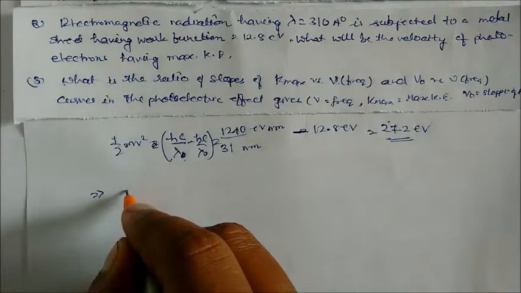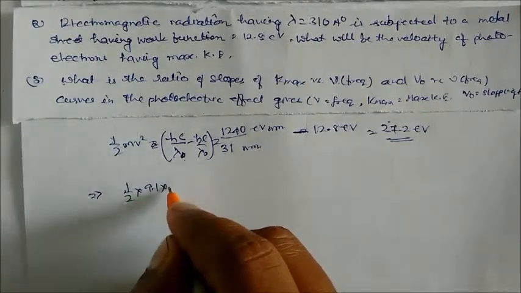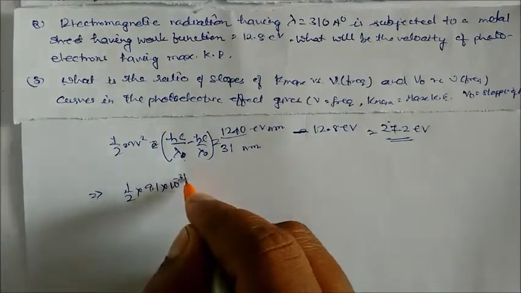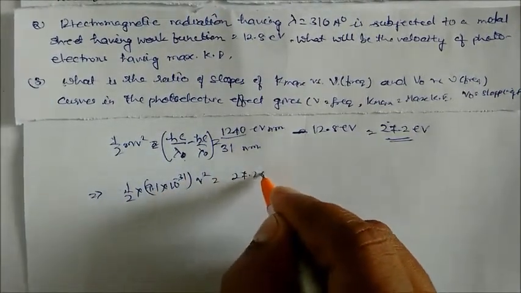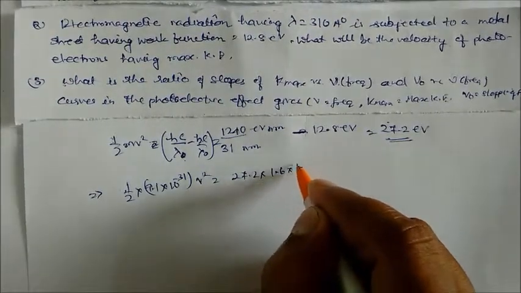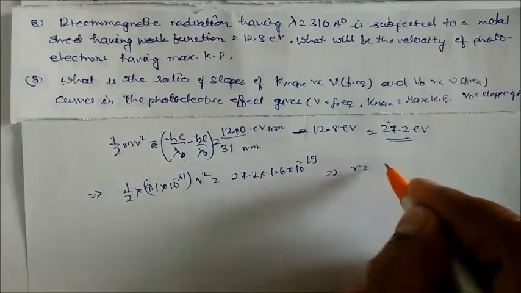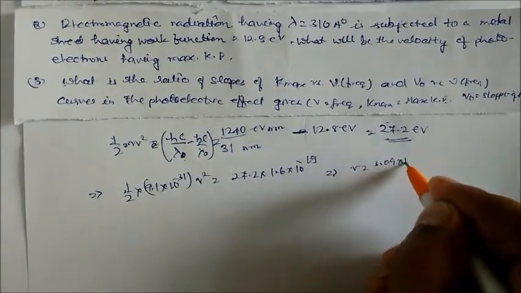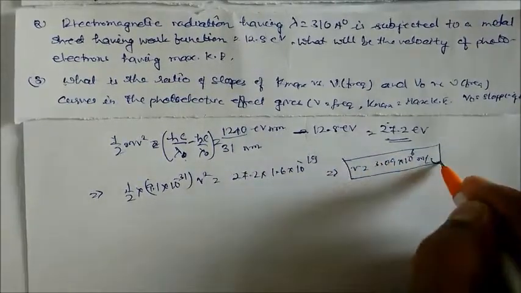So 1/2 times 9.1 into 10 to the power minus 31, times v square, is equal to 27.2 electron volt, with 1 electron volt being 1.6 into 10 to the power minus 19. So our velocity will be 3.09 into 10 to the power 6 meter per second. So this is basically our answer.